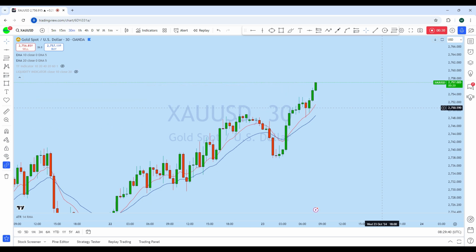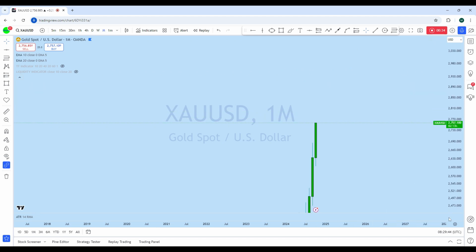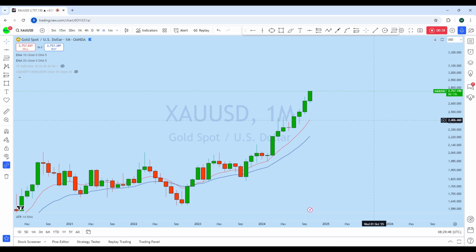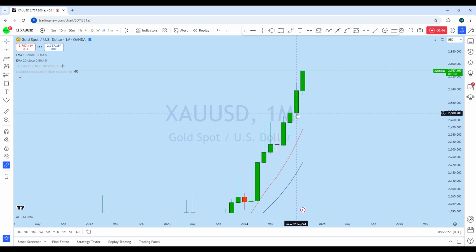Now, before we look at how we can trade, first let's quickly look at the bigger picture, starting with the monthly. From the monthly, we can see that the previous monthly candle is a bull candle, having almost equal wick on both sides with a healthy body that represents stronger volume on gold.